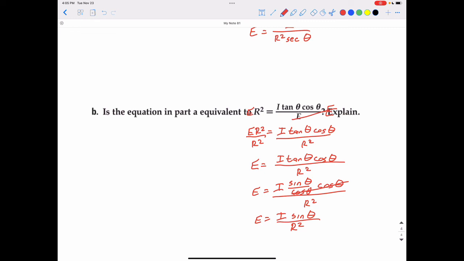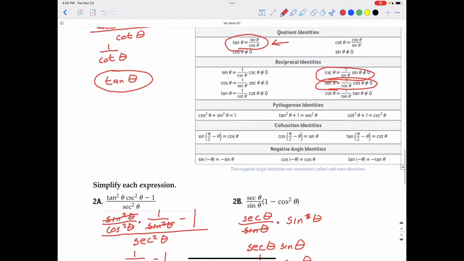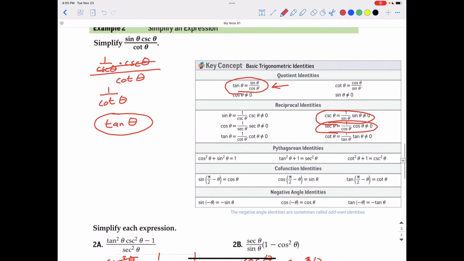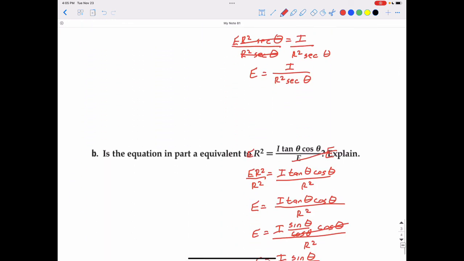And as I go up here, is there any way I can relate sine with secant? So as I go through some of these trig identities, I do see sine related to cosecant right here. Of course, sine and cosecant are related to each other. Cosine is related to secant. I don't see any place here that I can relate sine to secant.